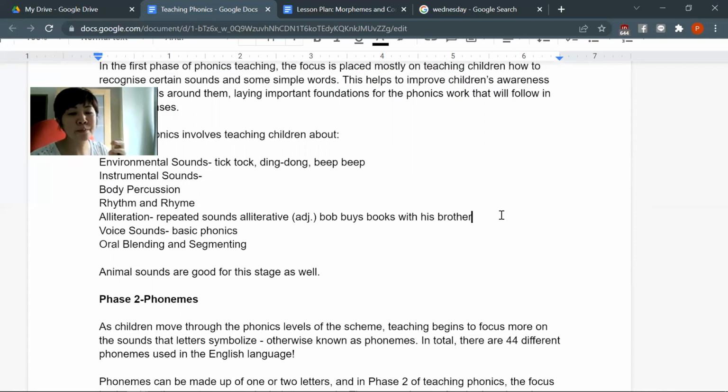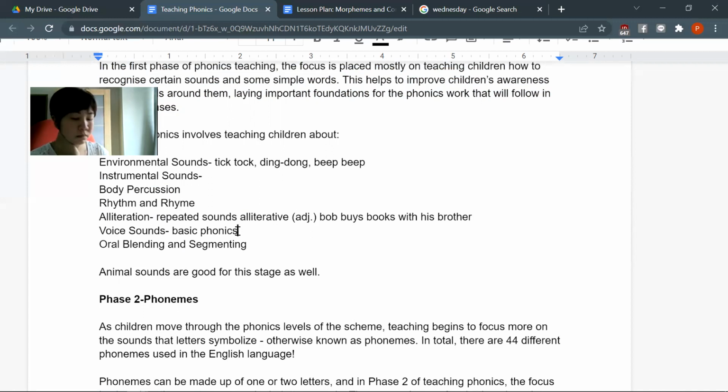Alliteration is like rhyming, but with the first sound, where the first sound is the same, right? Rhyming is where the last sound and the vowels are the same, like took, brook, look. The vowels are the same, but alliteration is where the consonant at the beginning is the same.